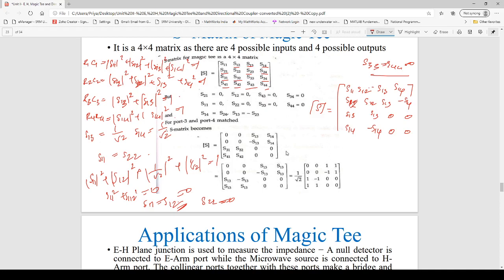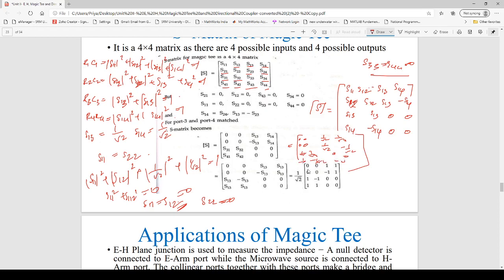Finally, after substituting all the equations, I will get 0 0 0 0, 1 by root 2, 1 by root 2, 1 by root 2, minus 1 by root 2, 1 by root 2, 1 by root 2, 1 by root 2, minus 1 by root 2, 0 0 0 0. So this will be my matrix.